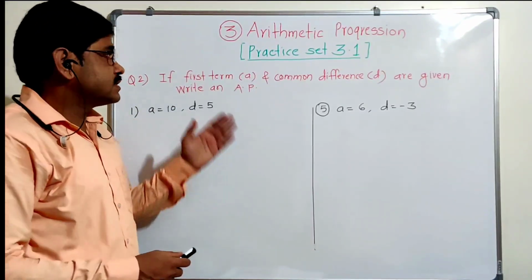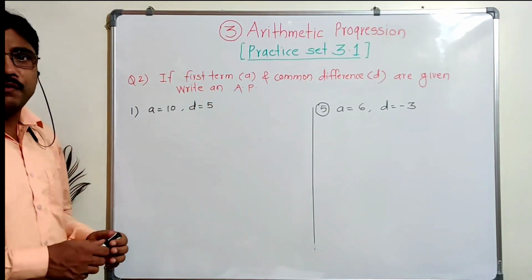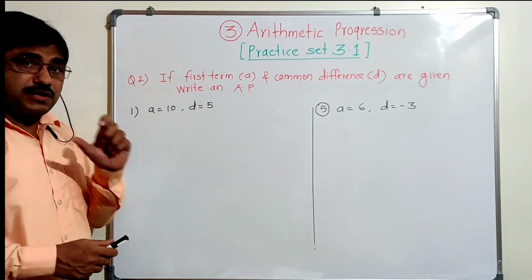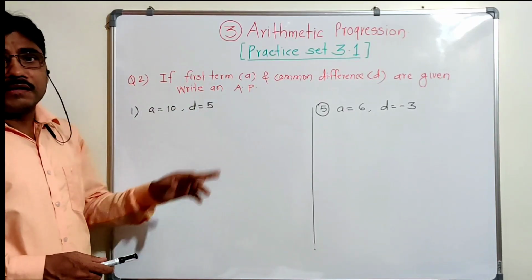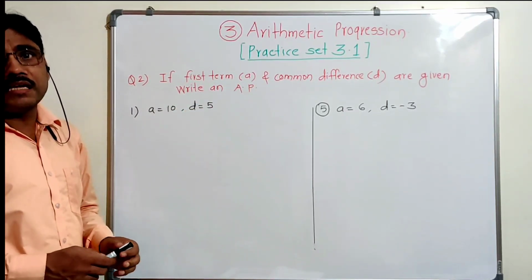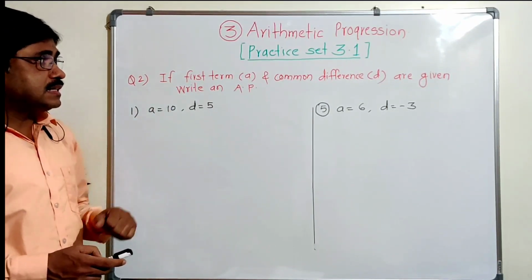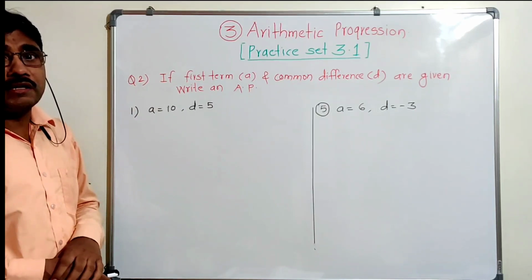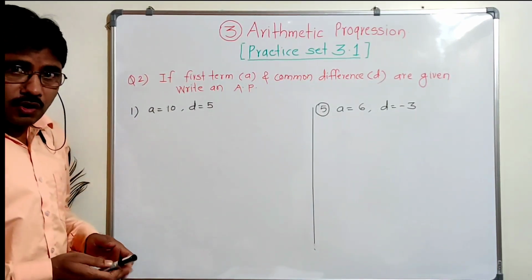Here it is the second question from practice set 3.1. In second question, what is given? The first term A and the common difference D are given, then we have to write an AP. Sometimes common difference D and first term A both are given, then write first 5 terms of an AP, first 3 terms of an AP.